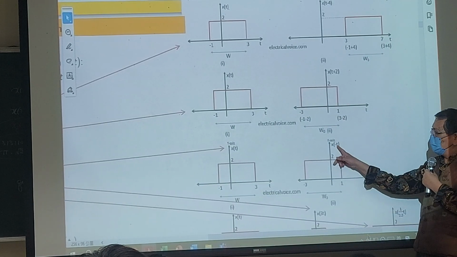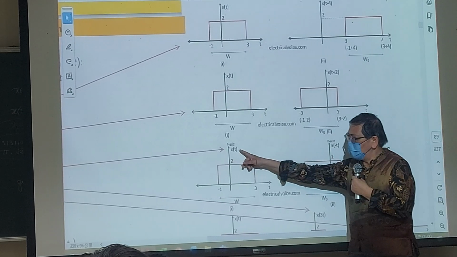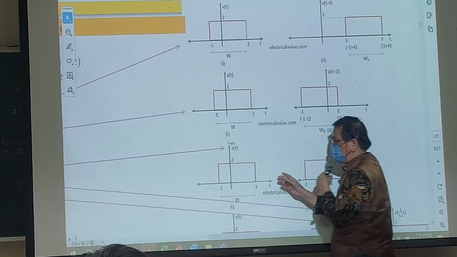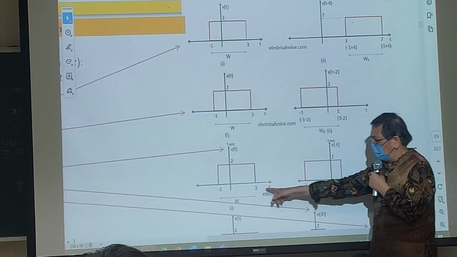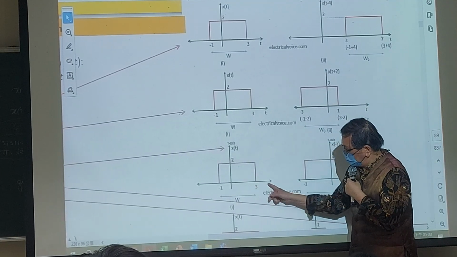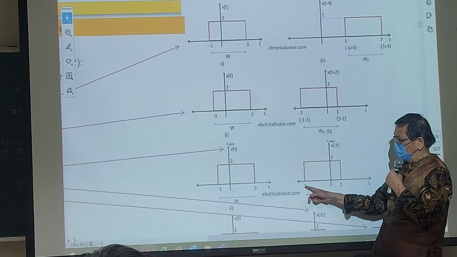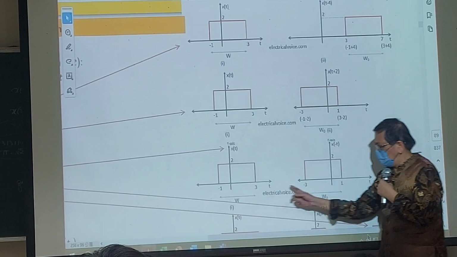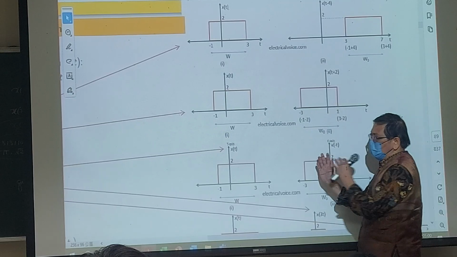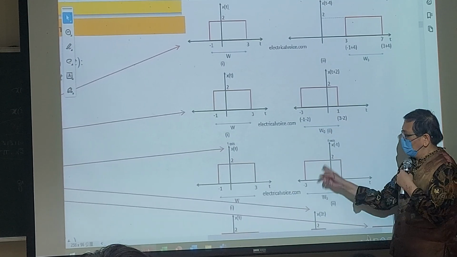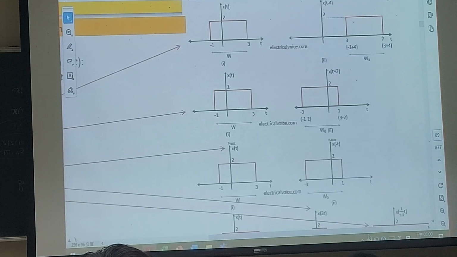Now if I change the sign of the time, it means we flip the signal around the y-axis. So time equals 3 seconds now becomes time equals -3. Then 1 second here moves to here. So we flip the signal around the y-axis. This is the flipping of the time.